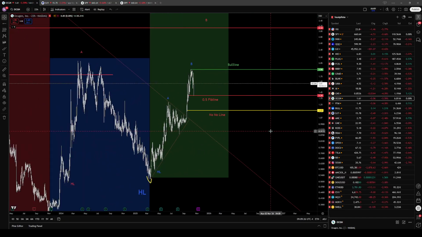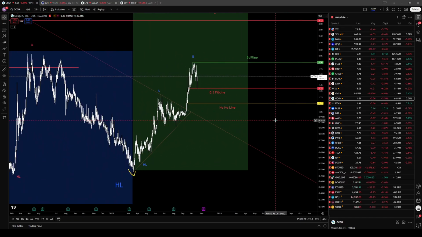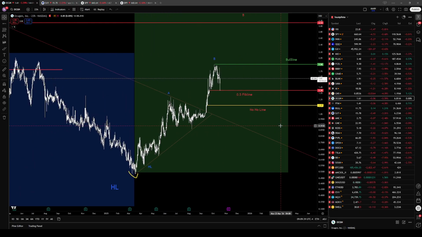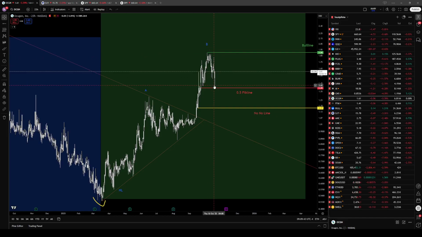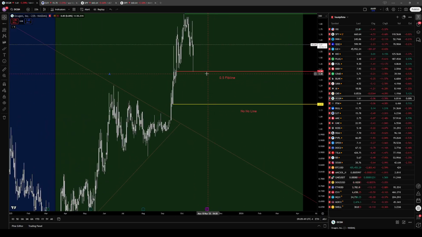What we did in the last days was just B, high low, A peak finished, A pullback finished, B peak finished, and for me right now, the B pullback should already be finished, because we came back perfectly to the 0.5 FIB.